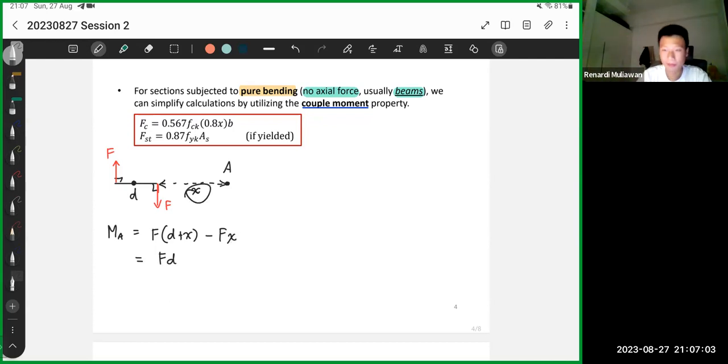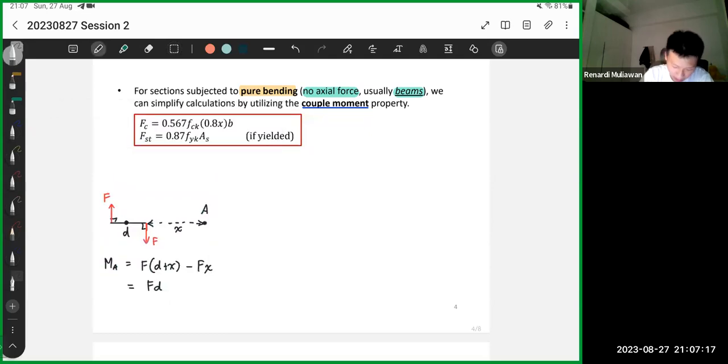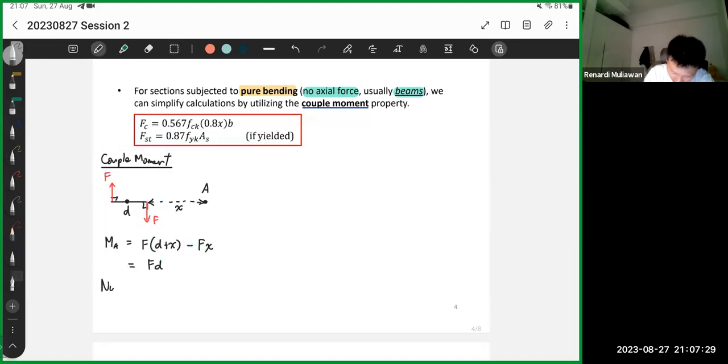It means it doesn't matter where you put A, the moment is always F times D. This is called the couple moment property. So write it down: no matter where you put the center of rotation A, the moment is F times D. That's the couple moment property.